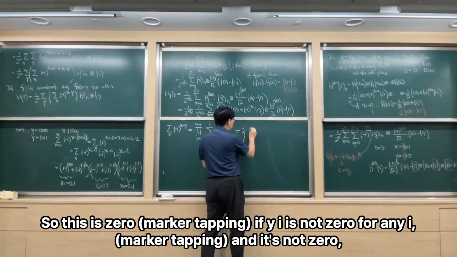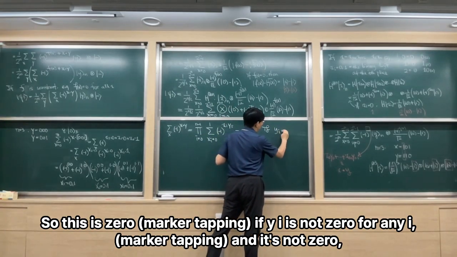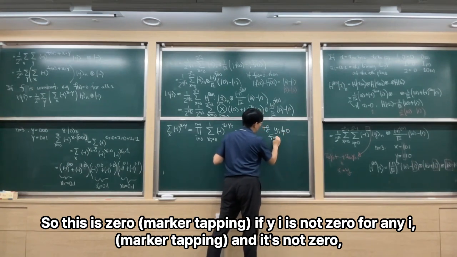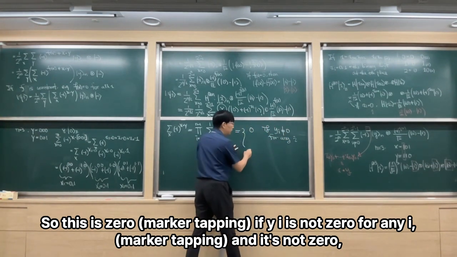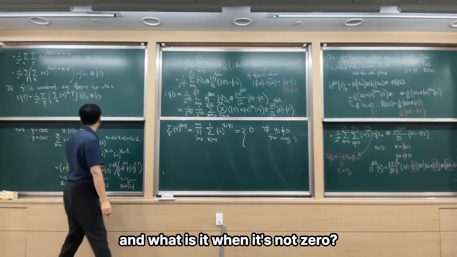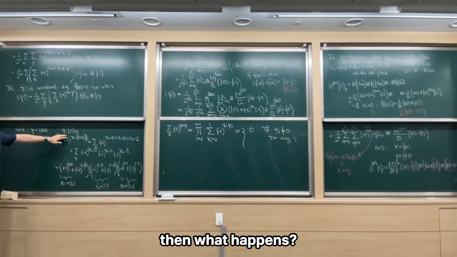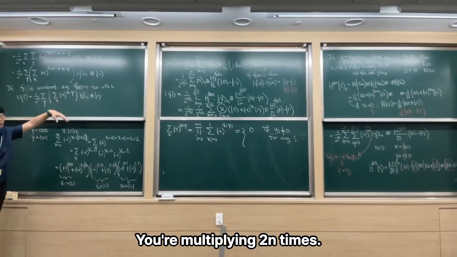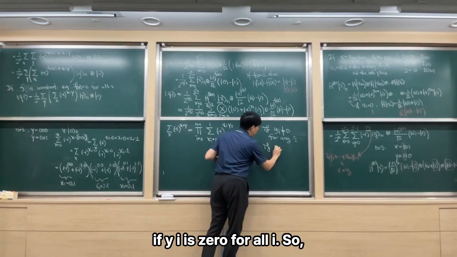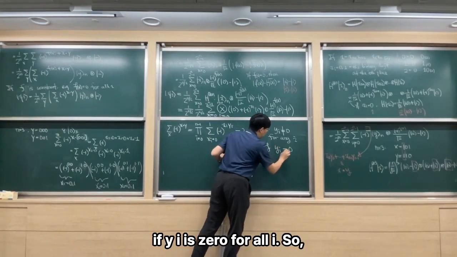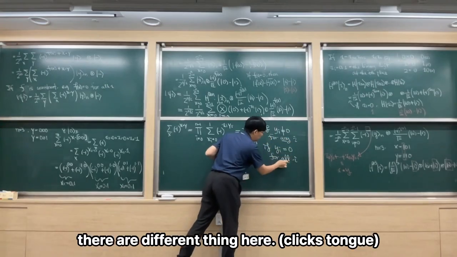So this is 0 if yi is not 0 for any i. And what is it when it's all 0, when everything is 0? You're multiplying 2 n times. So it's 2 to the power of n if yi is 0 for all i. So there are different things here.